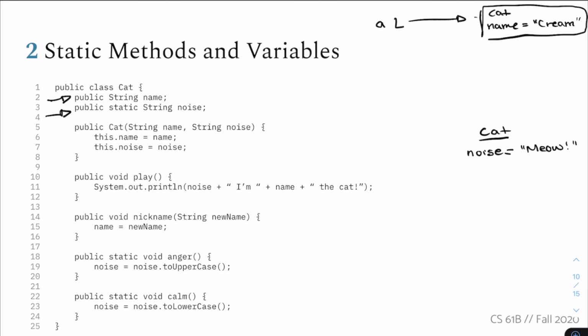Okay, so we have our first item. Let's create a second cat now. So B equals cat.cat, and its name equals Tubbs.